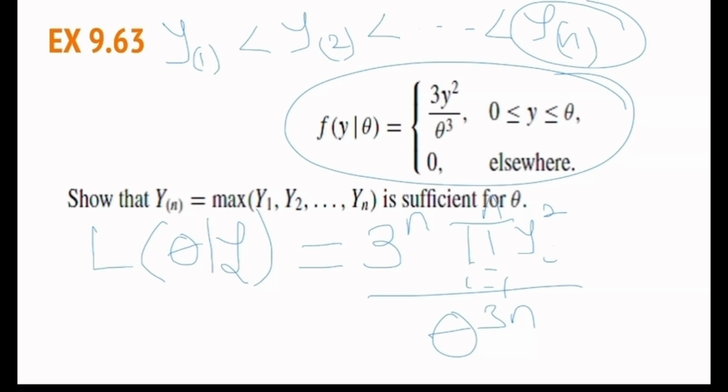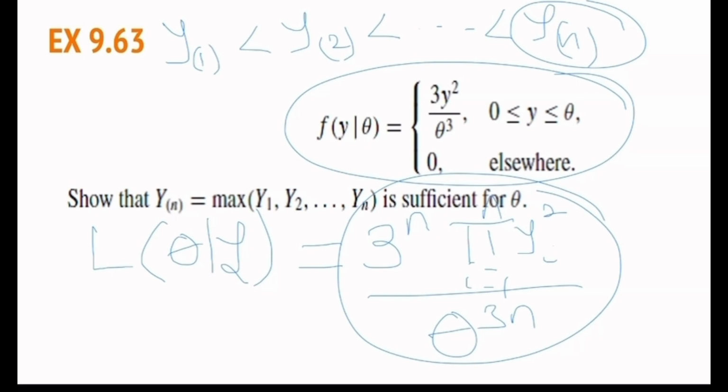If you want to go by way of factorization, we want to factorize this in a way that you split it into two, in such a way that one is a function of theta and the other one is not a function of theta.